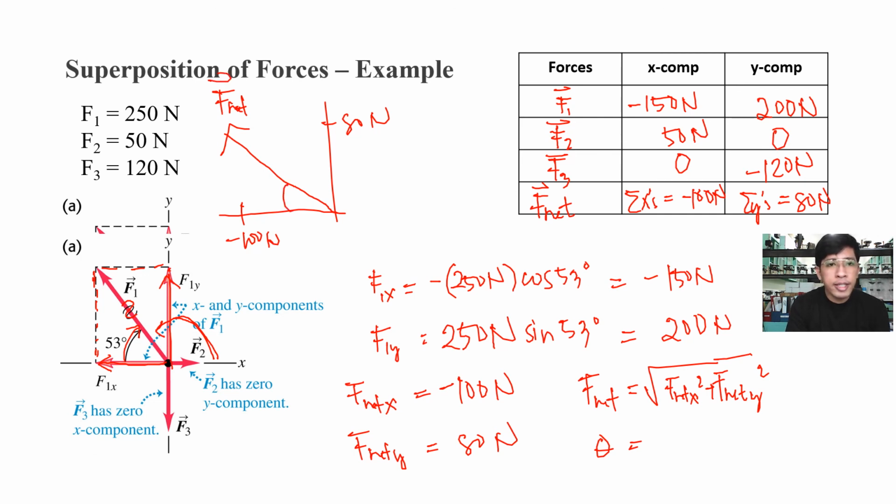And your target theta is this one here, or you can also use this angle here. It's up to you. If we're referring to this theta here, you can get an answer of 39 degrees north of west, or this is equivalent to 141 degrees measured from the positive x-axis.